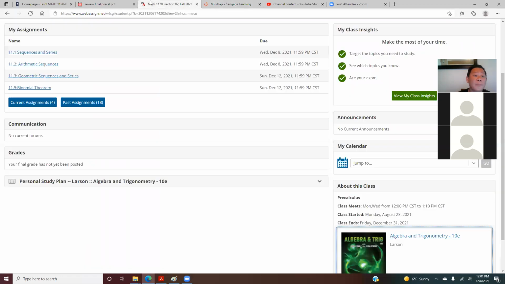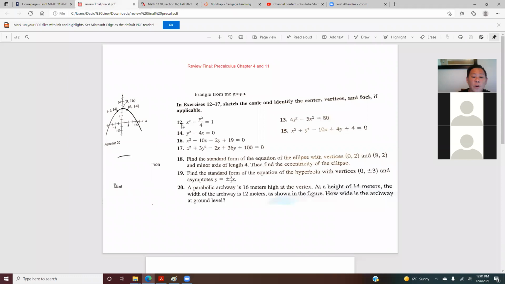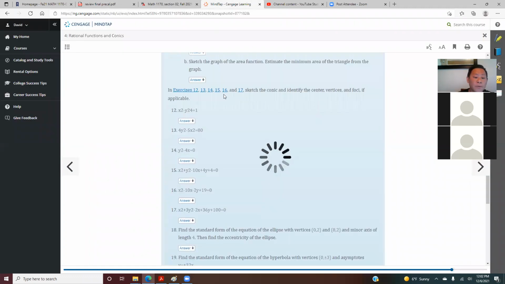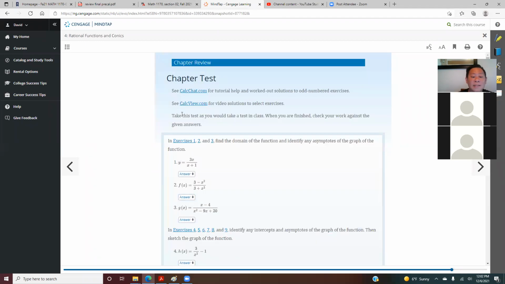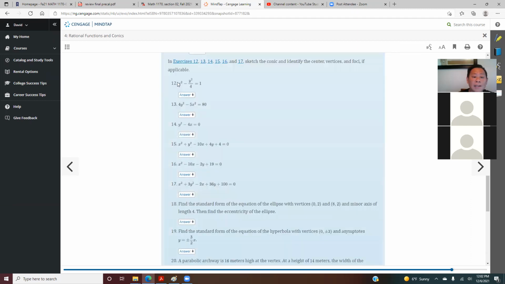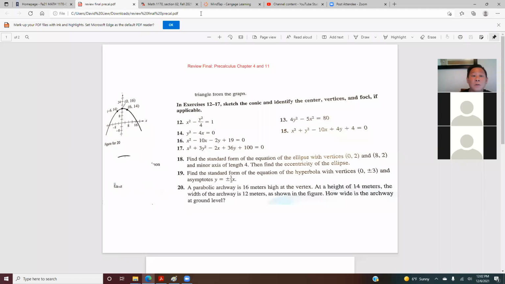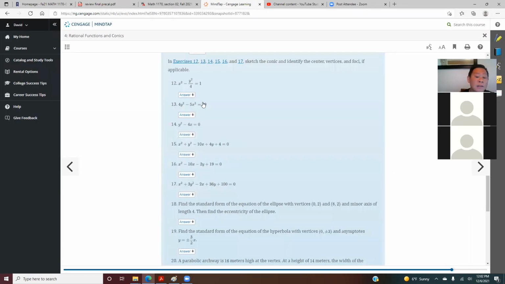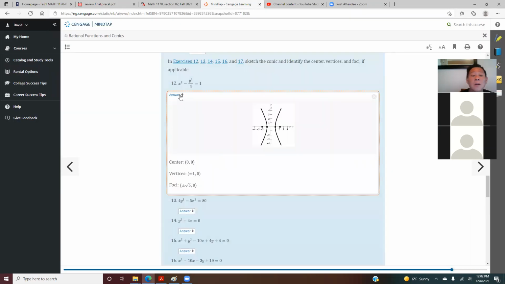If you look at the review here, question 12 is this question. She's still loading. It'll be x squared minus y squared over 4 equals 1. So this is exactly the same as this. You just need to click on the answers, and here is the answer.